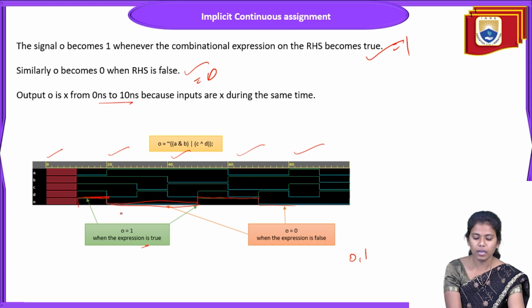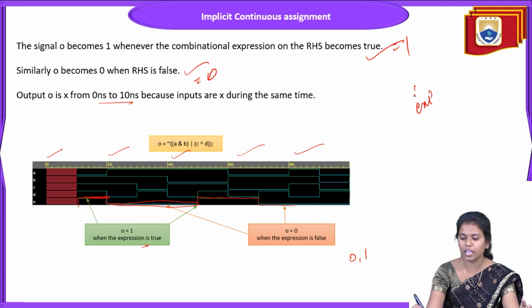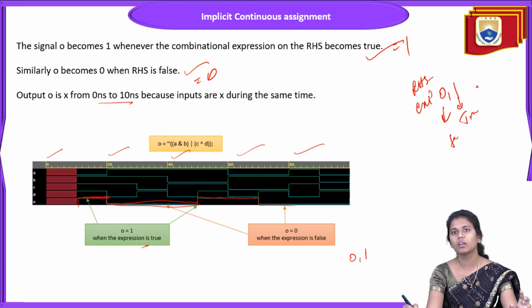But with the 10 nanoseconds of delay that we are observing here, the output is observed with a 10 nanosecond delay, and at the right-hand side of the expression we can observe either 0 or 1. If it is 0, the expression is false, and if it is 1, the expression is true.